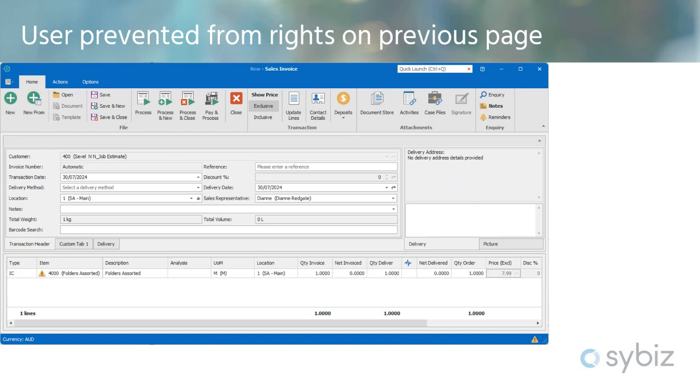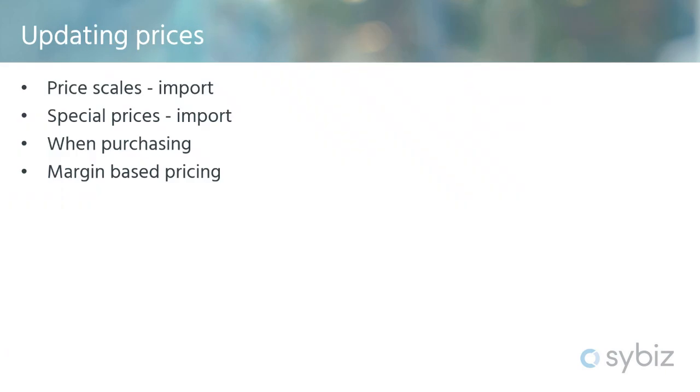Now that's not touching on things like breakpoints, which can come into play. You can cater to a lot more different scenarios using things like breakpoints as well. But as far as out of the box is concerned, tweaking the user rights can get you down to this experience. So from a price update point of view, you can import and export your price scales and special prices.